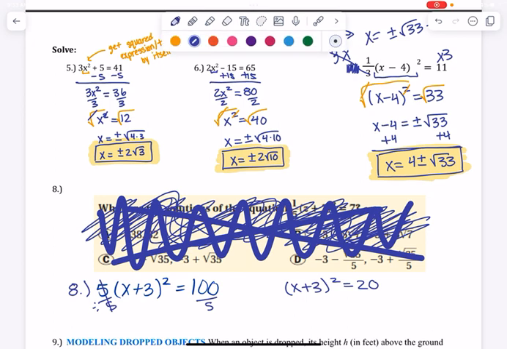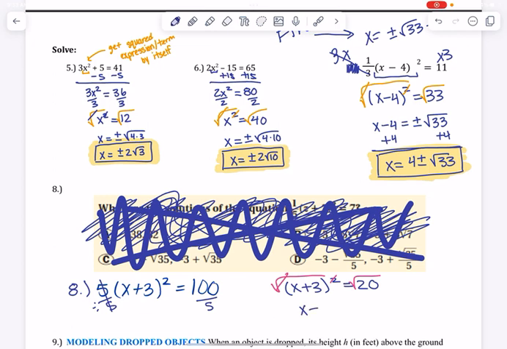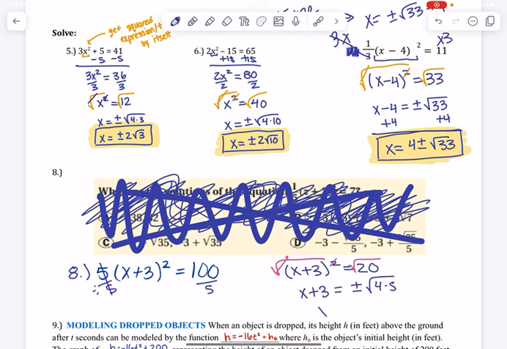And now that you've got that squared expression on the left side, you're ready to take the square root to undo it. Leaves you with just x plus 3 equals positive and negative square root of 20 simplified. So square root of 20 would be 4 times 5. So that'll be positive and negative 2 square root 5 once you take that square root of 4.